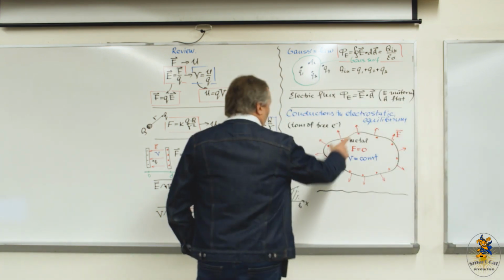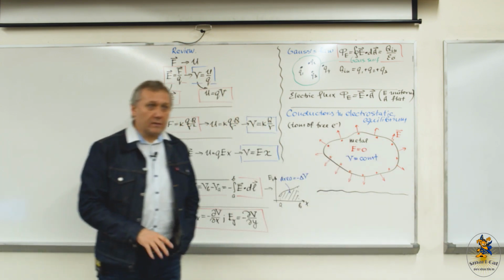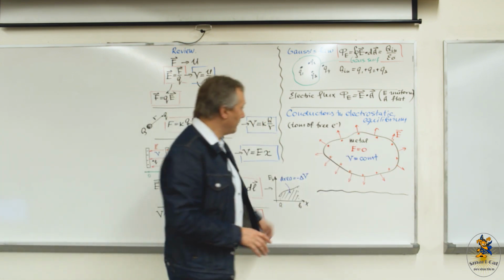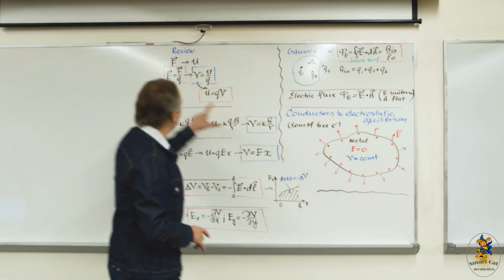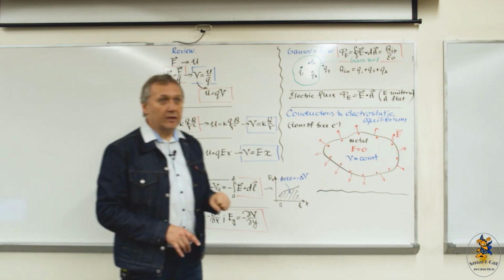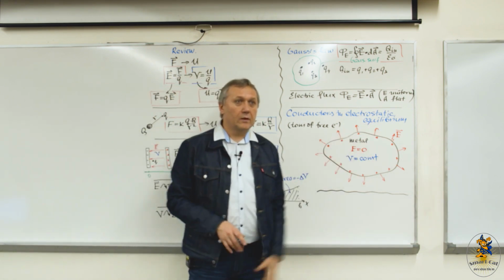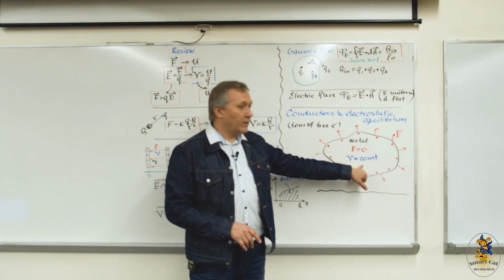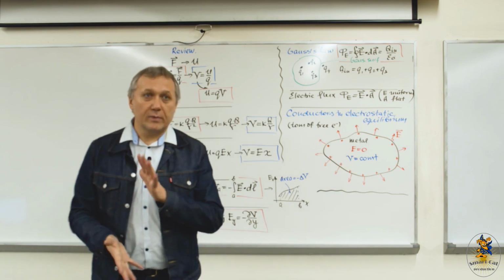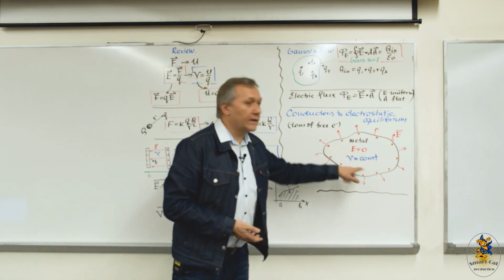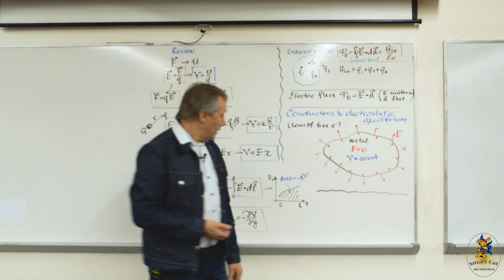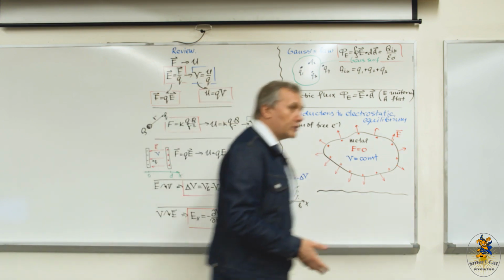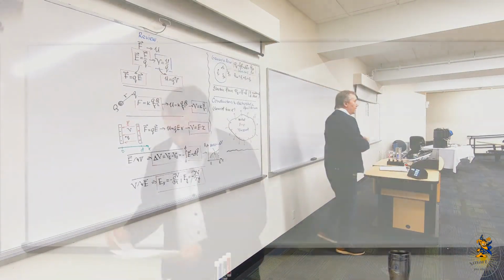Of course, the distribution can be complicated, but that's another story. And then, since we also introduced the electric potential, we also just recently proved that in the state of electrostatic equilibrium, the electric potential inside of the conductor must be constant. Electric field 0, electric potential constant.